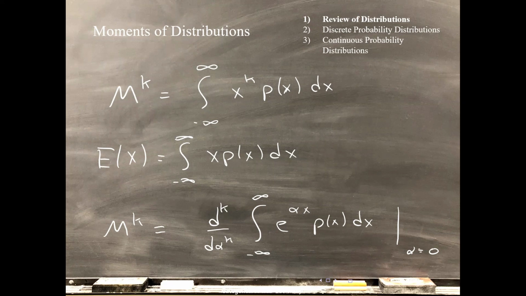So basically, this integral can be thought of as a function of alpha, and then we differentiate the integral with respect to alpha k times, and then we set alpha equal to 0 to recover the kth moment of our distribution, right? So this is essentially relying on the fundamental theorem of calculus as well as how derivatives of exponential functions work. But this is a nice way to package all of the moments of a distribution in terms of one particular integral.